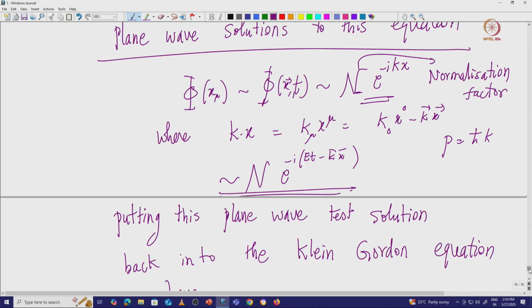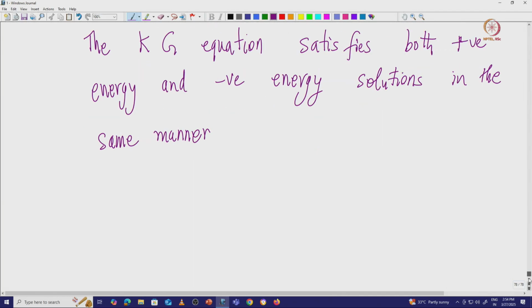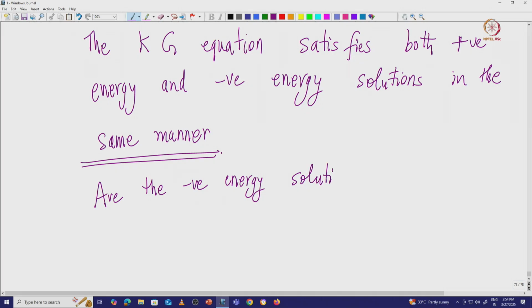Okay. So, now let us come to the physical interpretation. As far as this is concerned, you are saying that you can have waves with negative energy and the Klein-Gordon equation just satisfies them in the relativistic case, in the same manner. So, now are the negative energy solutions physical?